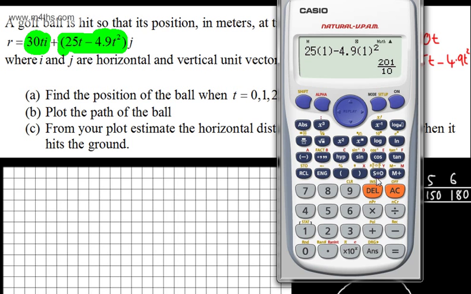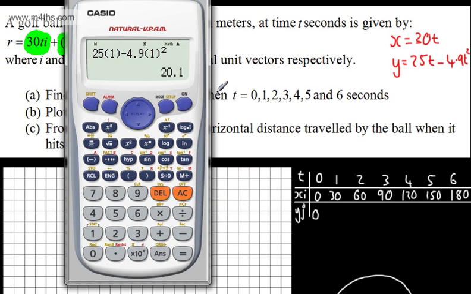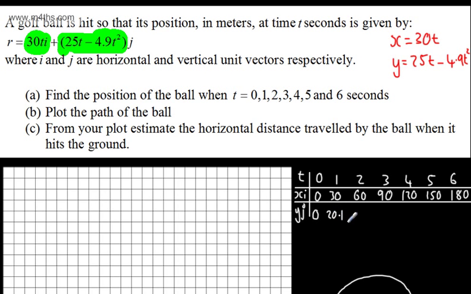That's going to give me 20.1, so I can put that in. So just here, we've got 20.1. If I wanted at this stage, I could say that I've got 0i plus 0j meters. I've got now 30i plus 20.1j meters.